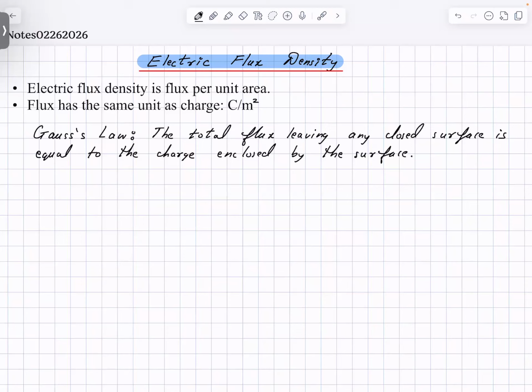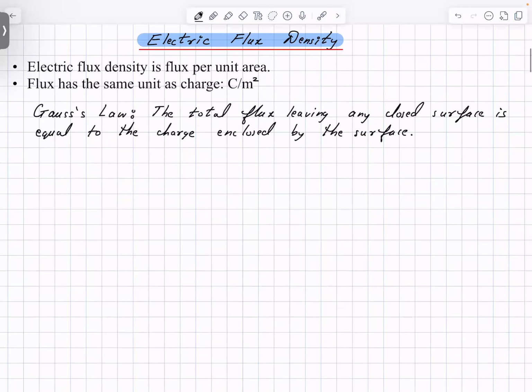What we know is that electric flux density, D, is flux per unit area. So that means if we know the electric flux density and if we know a particular area, so let's say we have a surface area like this, and we call this surface area S. From this chapter onward, we will consider vector surface area.